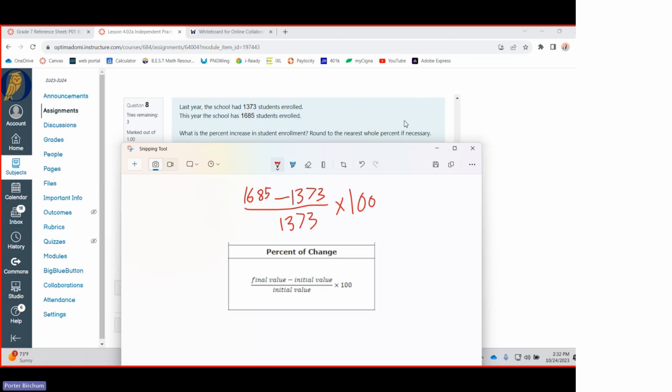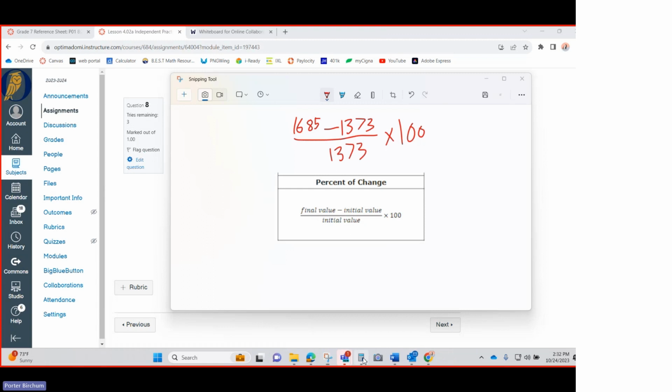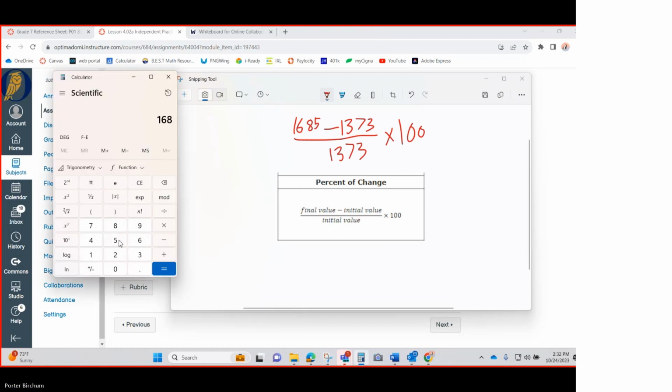Now I'm going to use my handy dandy calculator to finish the job. 1685 minus 1373. It is really important to click this equal sign or to use parentheses in your calculator so your calculator knows to subtract before dividing. Equals 312 divided by 1373 equals, times 100 equals.